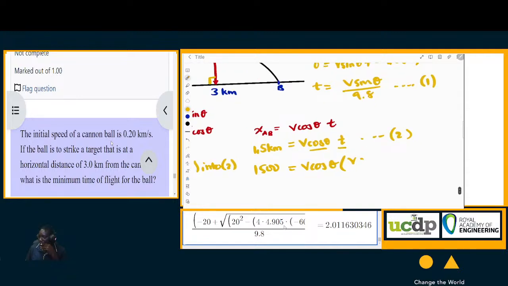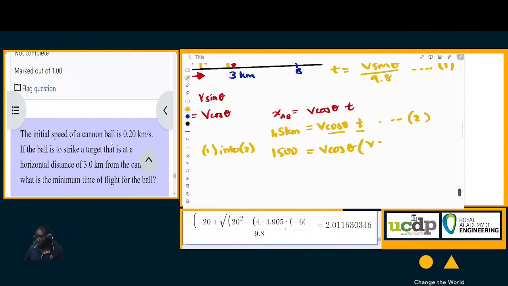You know what? I wanted them to divide, so let's keep it like this.